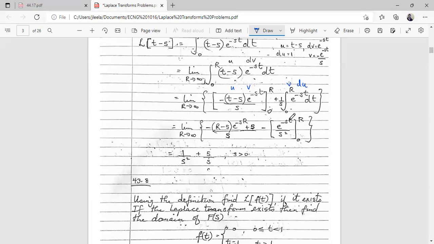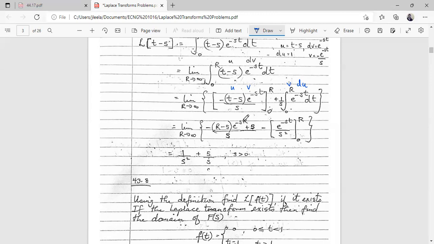And when you put r in here, and r tending to infinity, remember this will approach 0. And when you put 0 here, right, you'll have minus minus 1 over s squared. So you end up with 1 over s squared plus this term here, 5 over s.